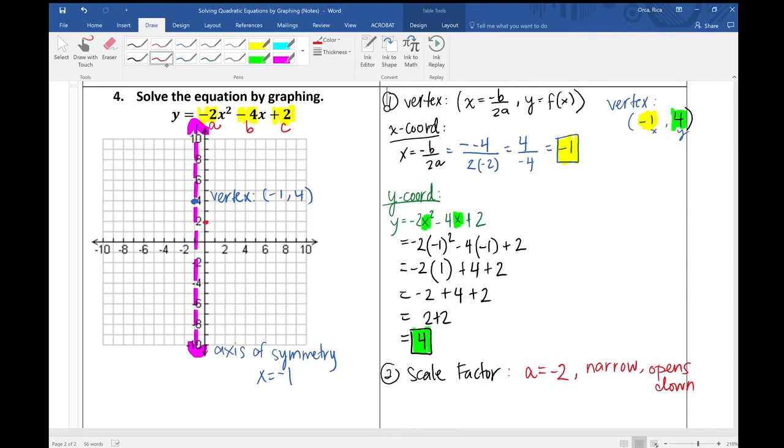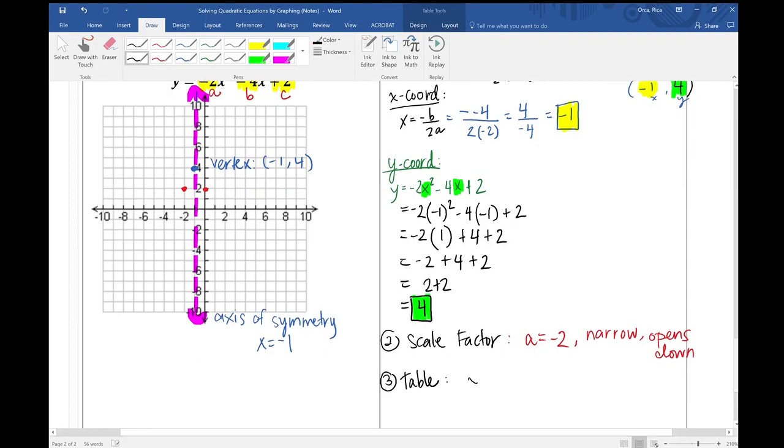I'm also going to go 1 to the left, 2 units down. I need to draw its reflection. Okay, and class, we have another problem because if you look at our 3 points so far, notice how none of them touch the x-axis. And because of that, we are going to have to make a table.